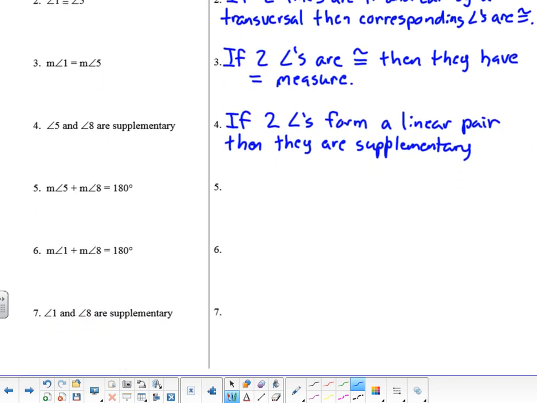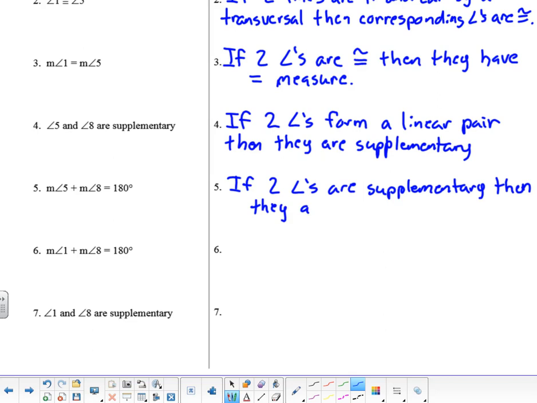Well, that's really the definition of supplementary. So if two angles are supplementary, which we just said in the previous statement, okay, then they add to equal 180 degrees.